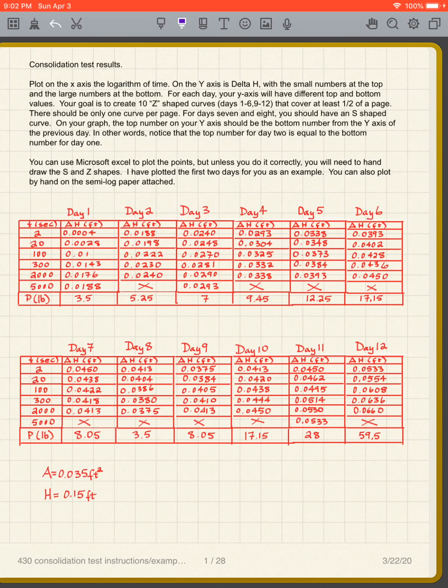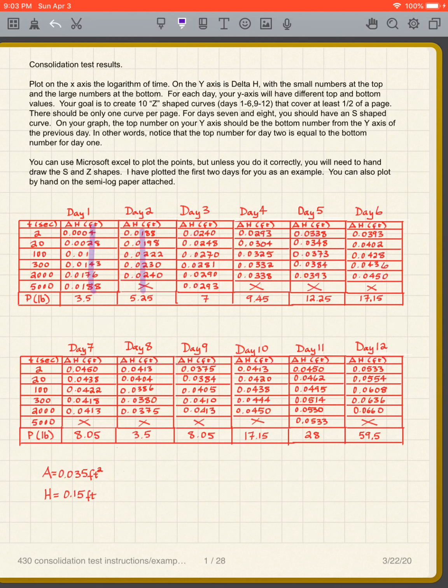Now, in this particular example, we have the time listed here and the delta H for all of the different days here. So we have day 1 delta H's, day 2 delta H's, day 3, day 4, day 5, day 6, and so on, all those in these columns here, and we go up to day 12.